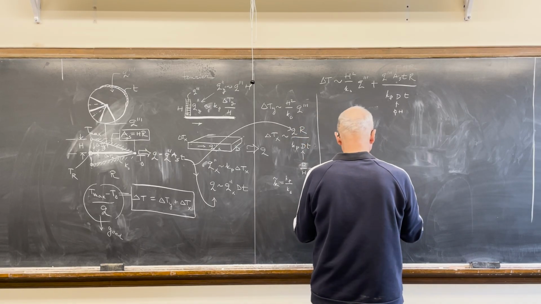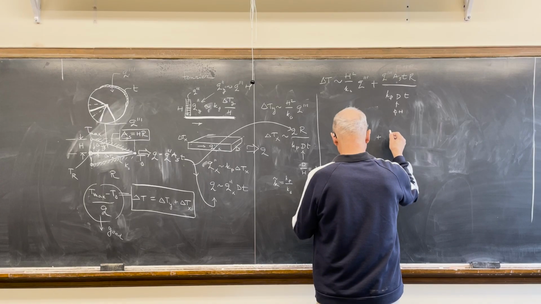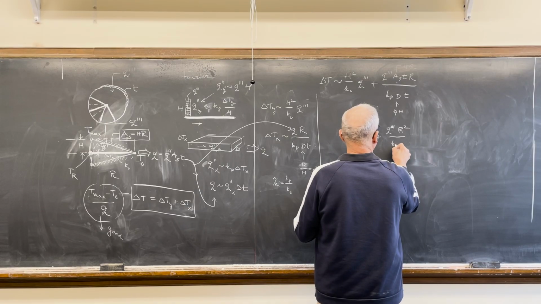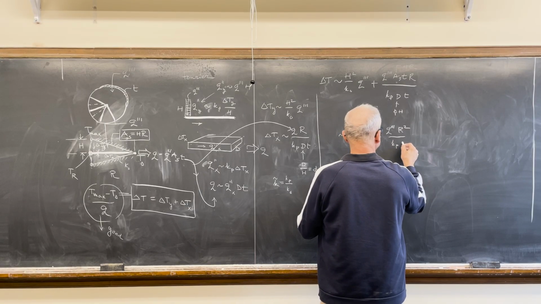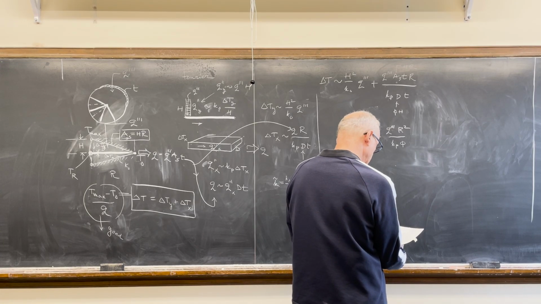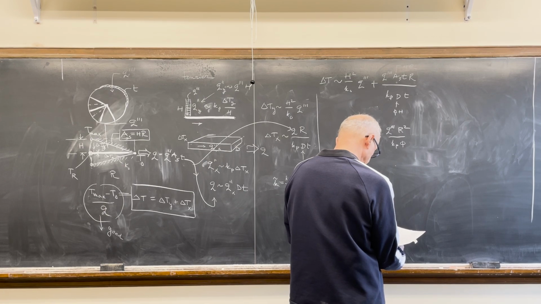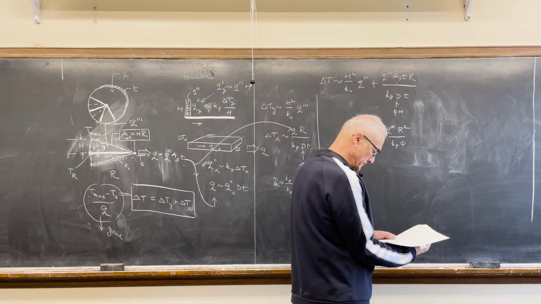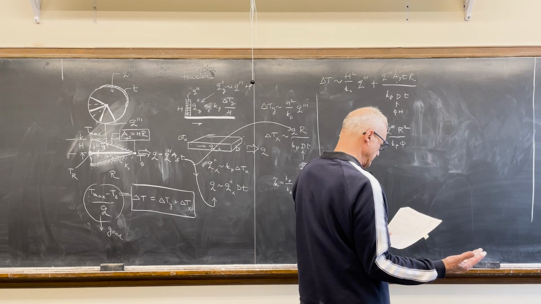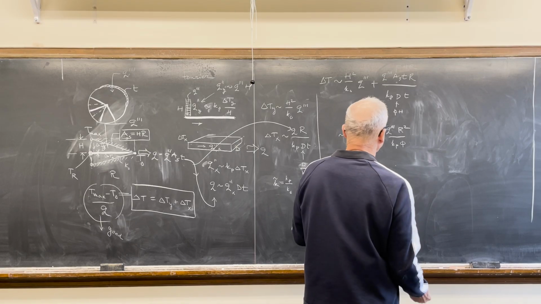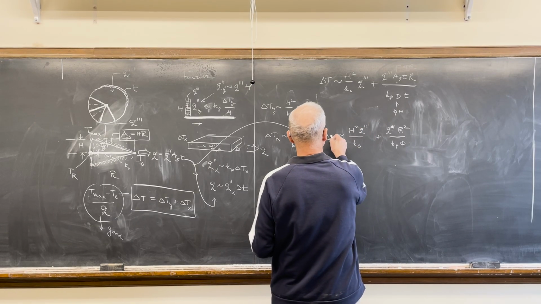The second one becomes a Q triple prime R squared over KP phi. And then this is the overall delta T.